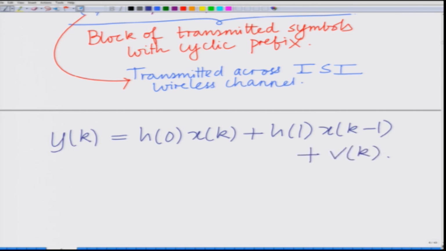We have seen many times before that when you transmit this block of samples with the cyclic prefix, the action of the channel in the time domain is basically that of a circular convolution.